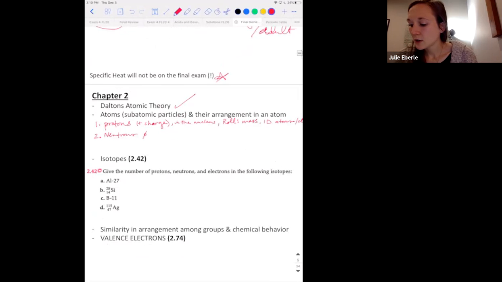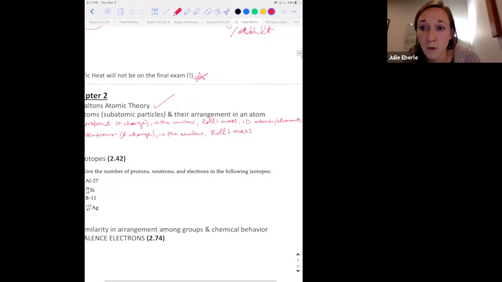They have no charge. They are also in the nucleus. And what is their role? They contribute to the mass of the atom.